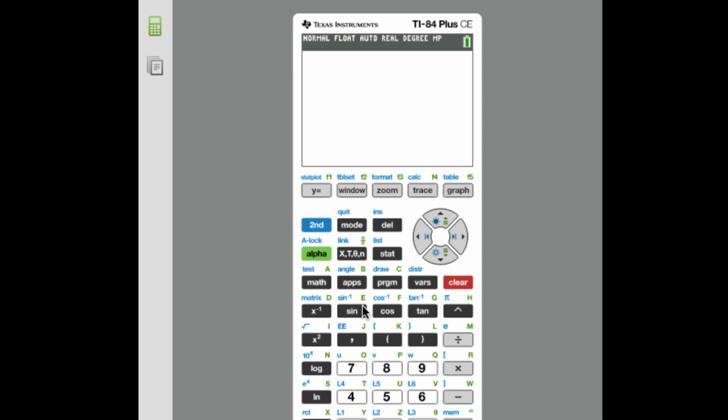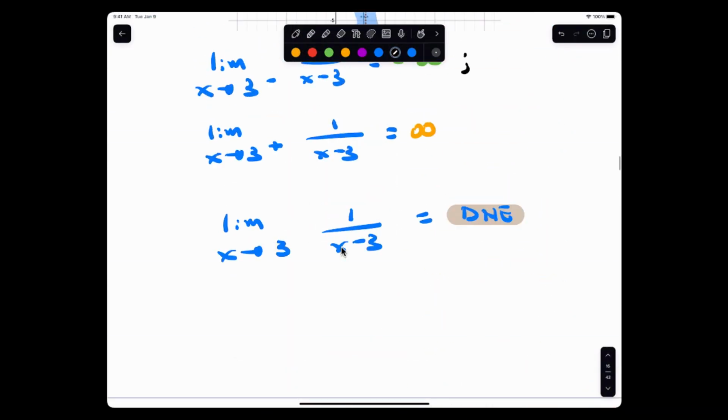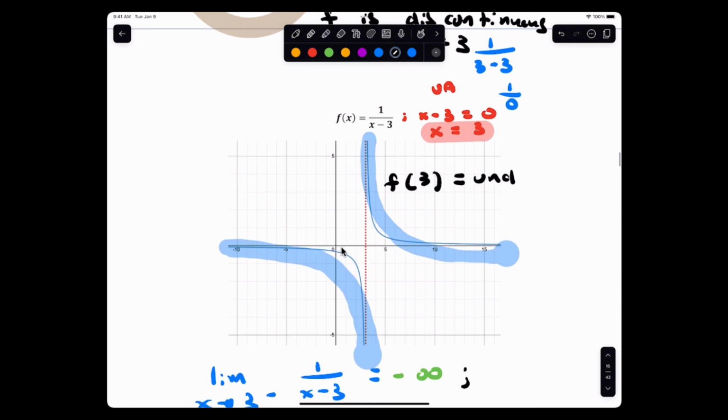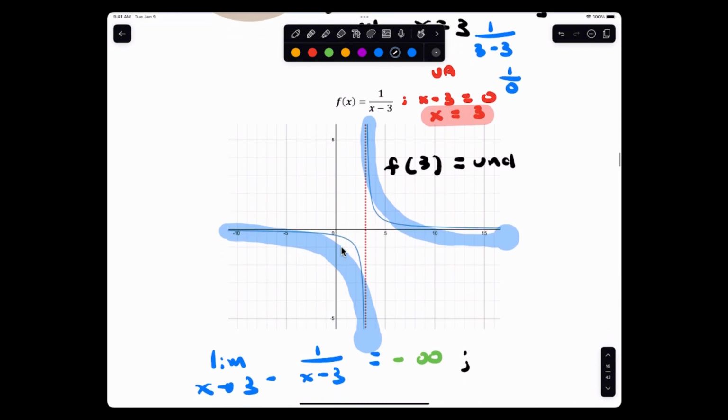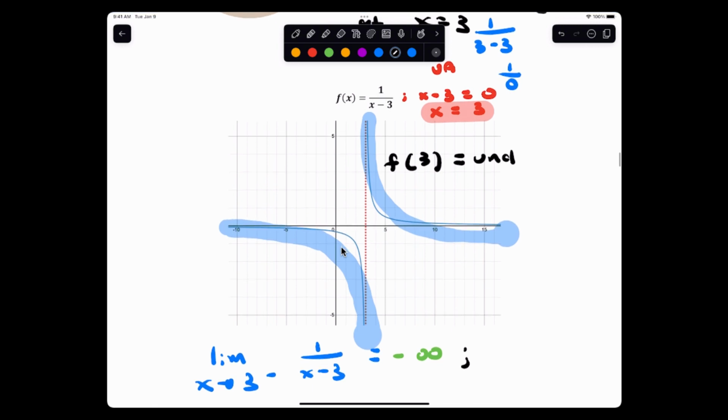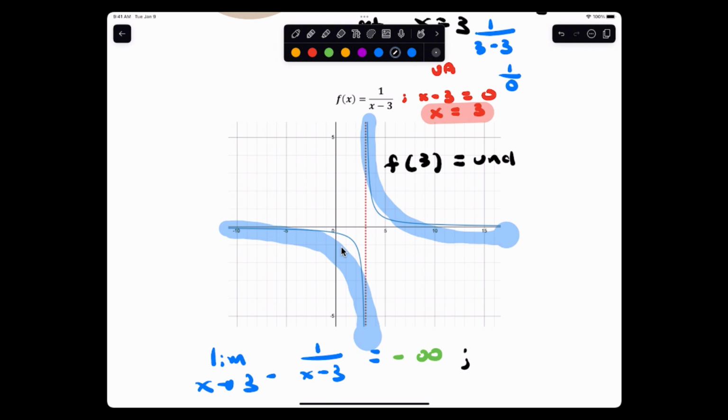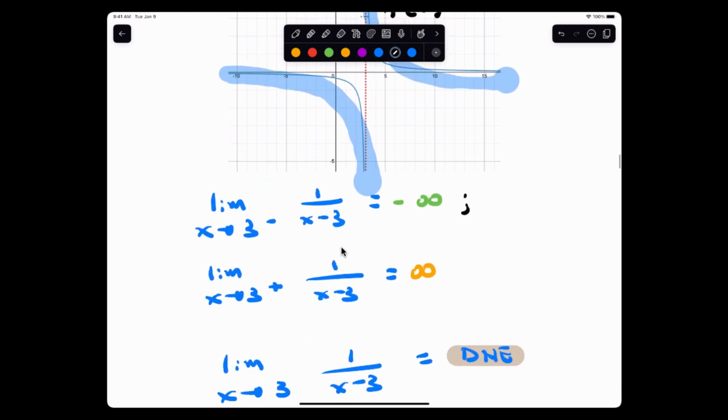You're approaching what number? Let's say you said to me, what if I use the TI, and I can even go back to this original question, 1 over x minus 3, and we're looking at limits around 3. All right? How would you approach this from the left? Yeah, you're going to have to know what's to the left of 3.